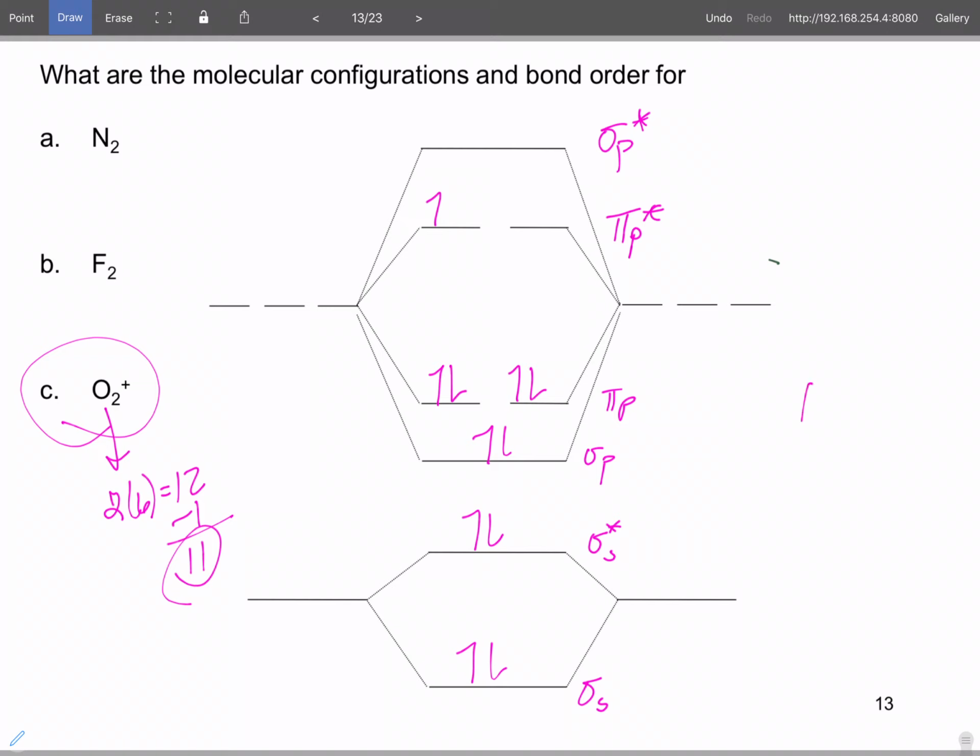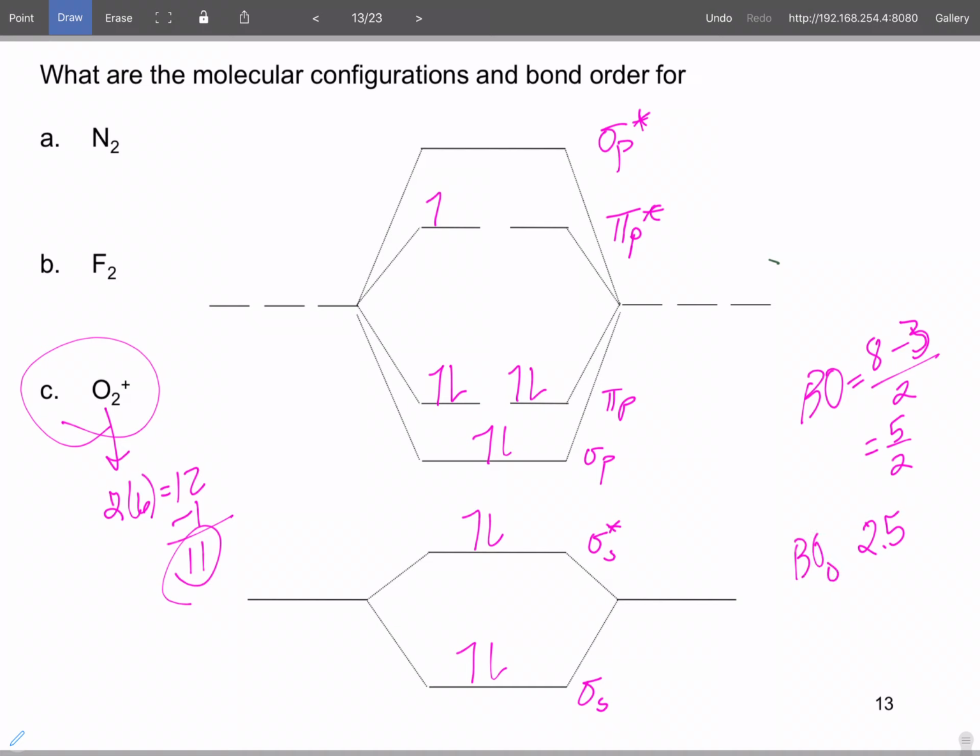So if we look at the bond order here, then we would get 2, 4, 6, 8 minus 3 anti-bonding, divided by 2. So that's 5 divided by 2. So the bond order here would be 2.5 for the oxygen.